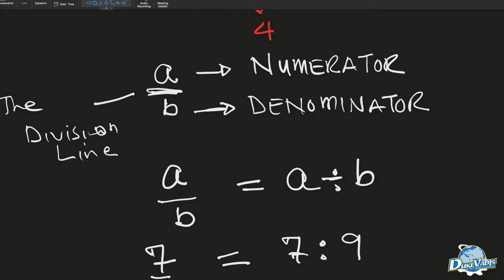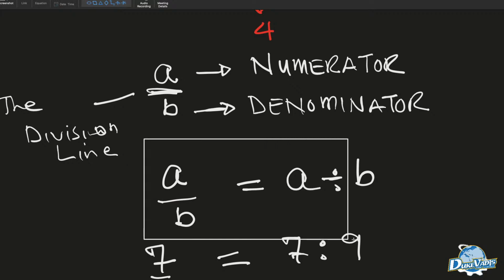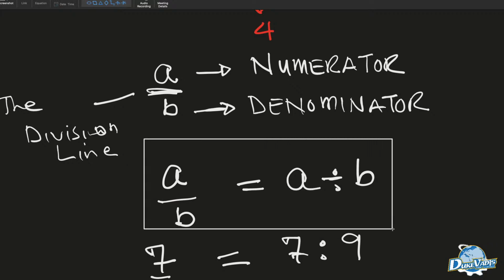So this equation over here is the general definition of a fraction. So a over b is the same as a divided by b.